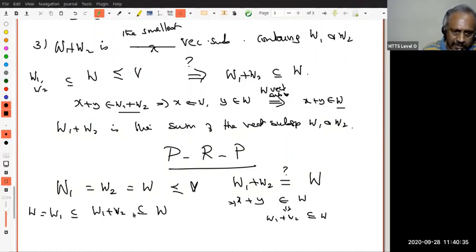How do I do that? I can use this theorem, that it is the smallest vector subspace: W1 is contained in W1 plus W2, but W1 is the same as W, therefore W is contained in W1 plus W2. Therefore equality holds everywhere.